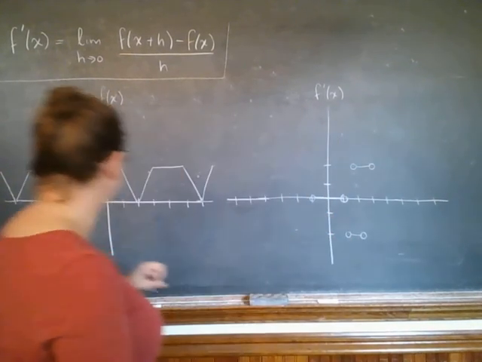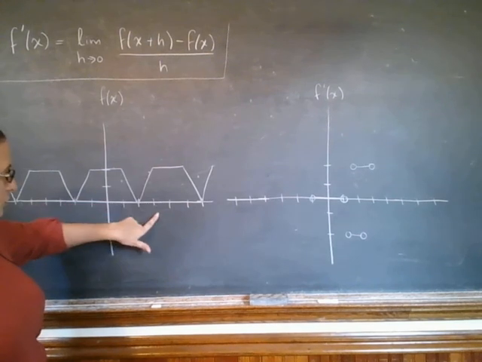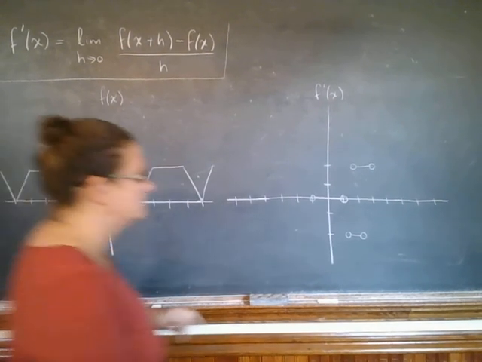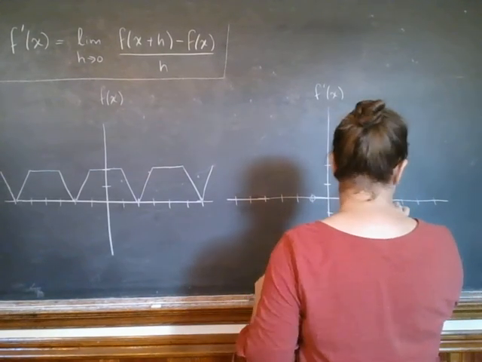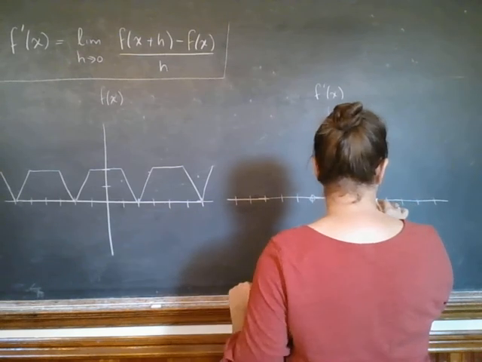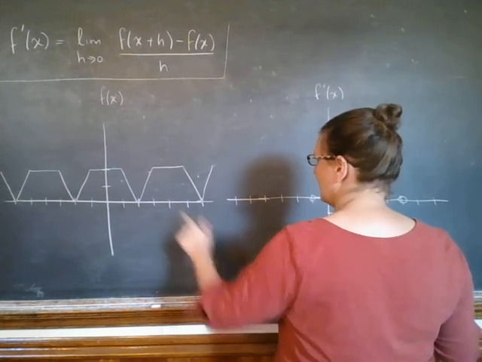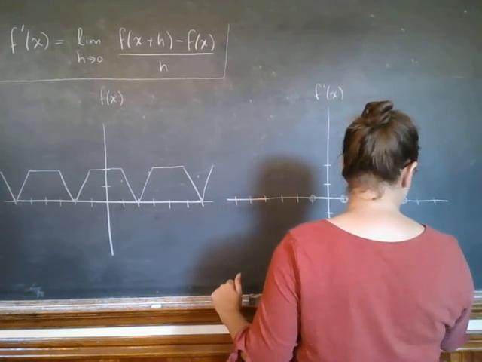And now this just kind of repeats, right? Here, for the next 2 points, I've got slope 0 at 1, 2, 3. And then here I've got -2 again.